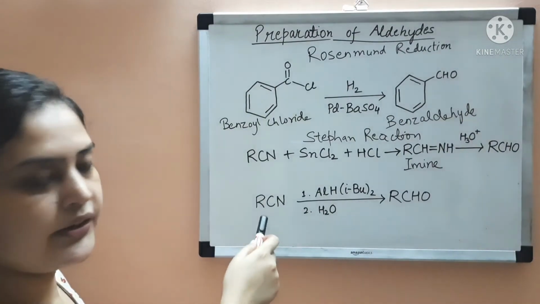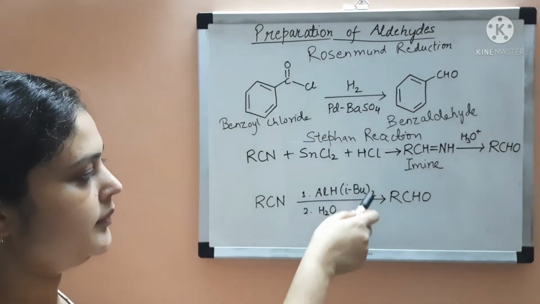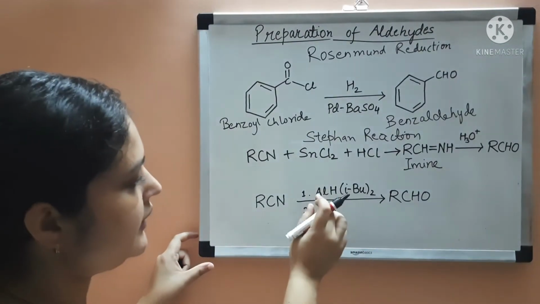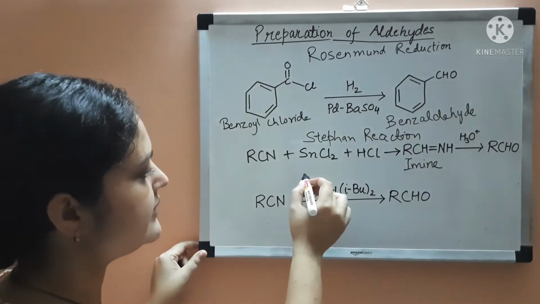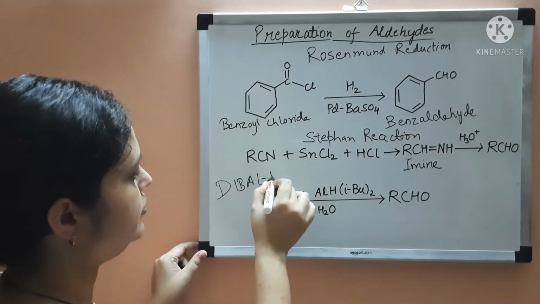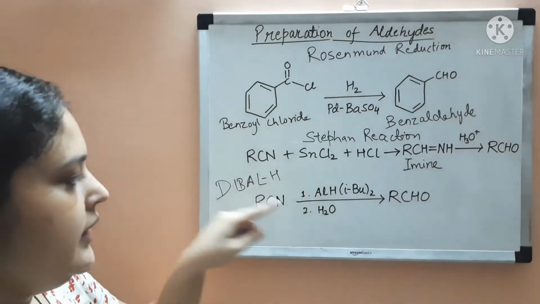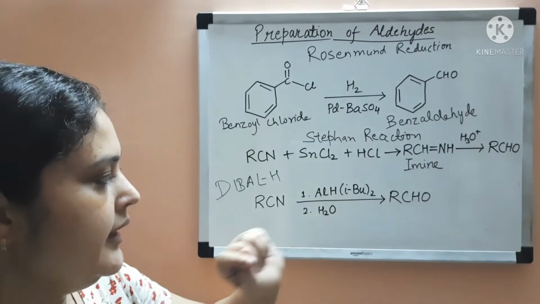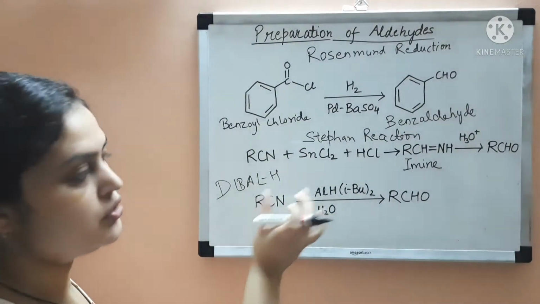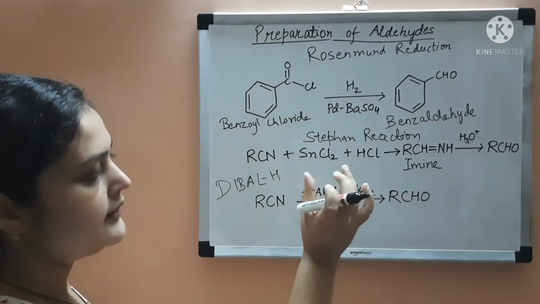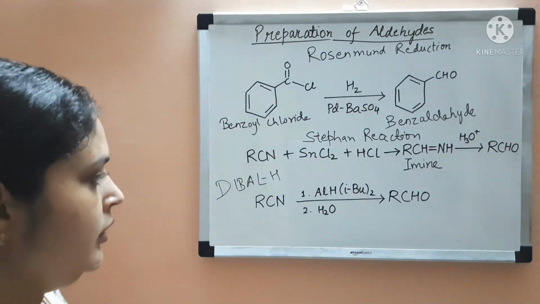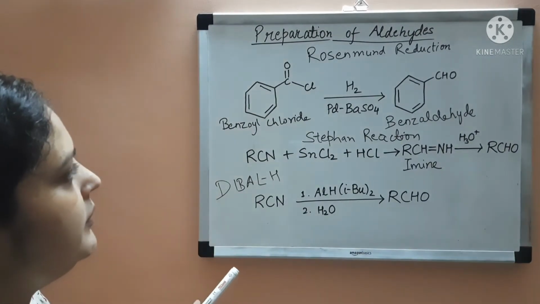Here to the nitrile we add diisobutyl aluminium hydride, also known as DIBAL-H. Then we hydrolyze it and we get the aldehyde. When we add DIBAL-H, the nitrile is changed to the corresponding imine, and when we hydrolyze it, it changes to aldehyde. These were some of the methods.